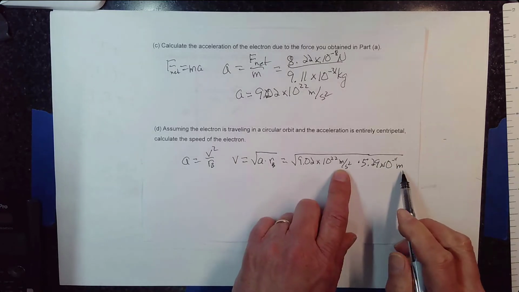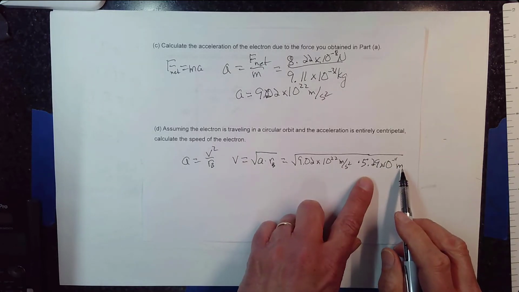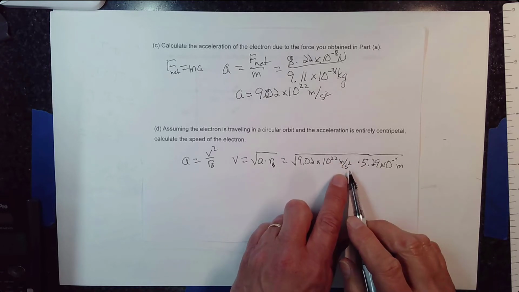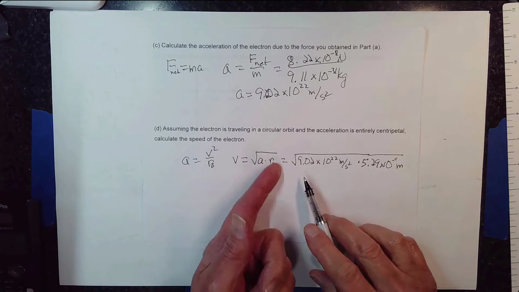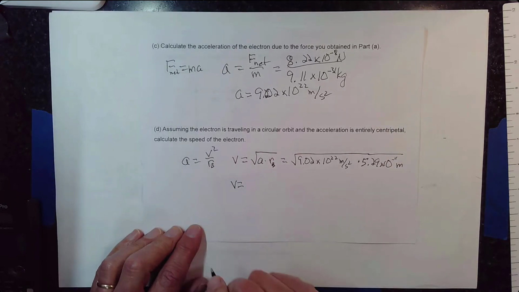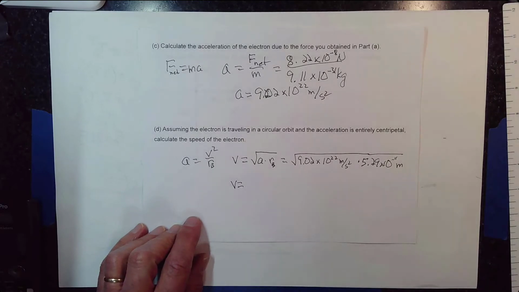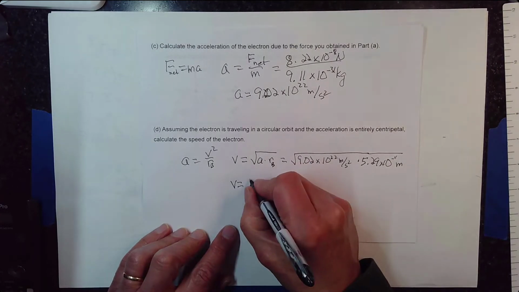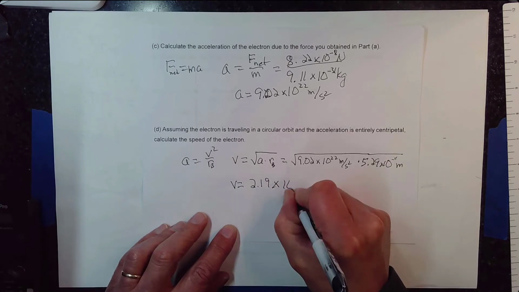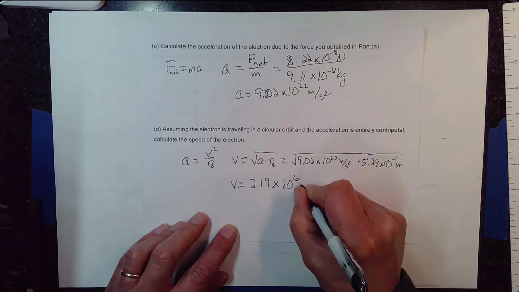Looking at the units under that radical, we've got meters times meters per second squared, so we'll have meters squared per second squared. When you take the square root, you get just plain meters. And you end up with a speed here of a pretty good clip, 2.19 times 10 to the 6th meters per second.